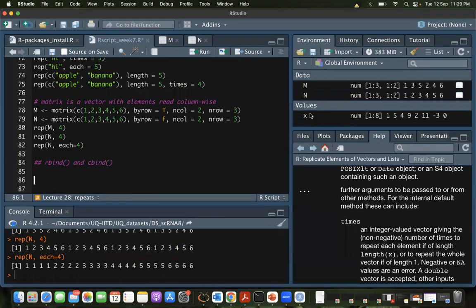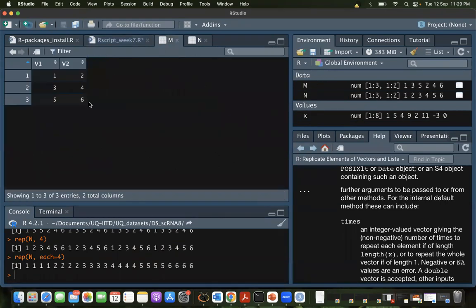So now you have these 2 matrices here, right? Now I want to bind rows. So rbind means row bind. These are the three rows here, and I want to bind rows below rows.